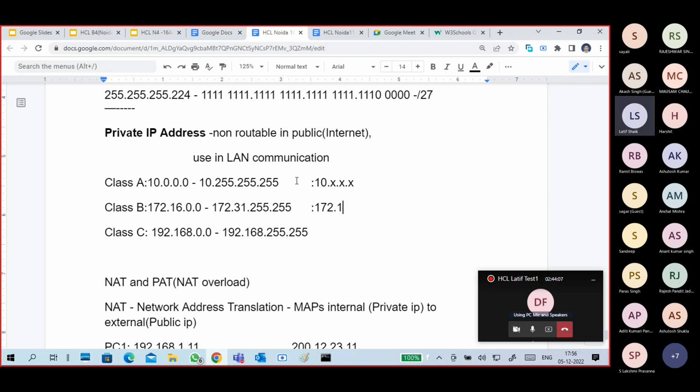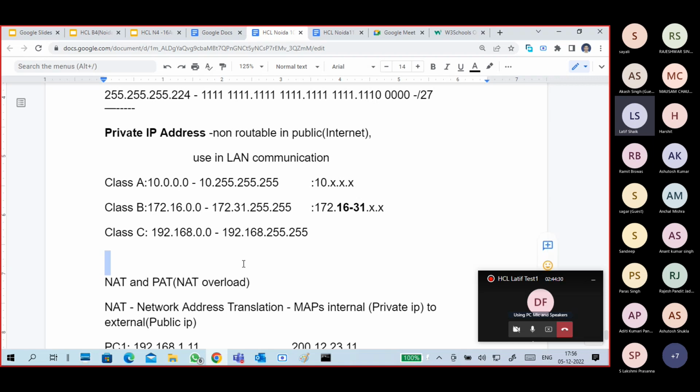Meaning, it is anywhere from 16 to 31. Any number you see, 16, 17, 18, 19, anything can be there from 16 to 31. It can be 17, 18, 19, but it is private only, but not the same network, guys.